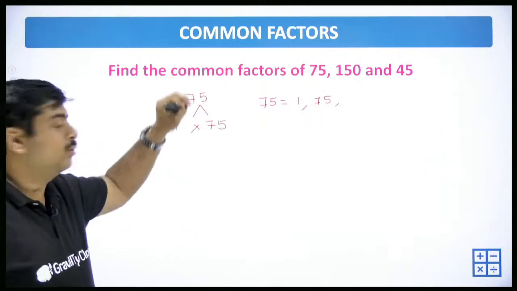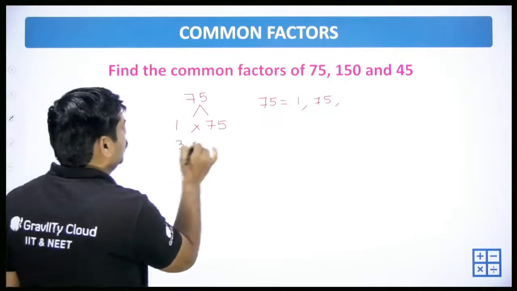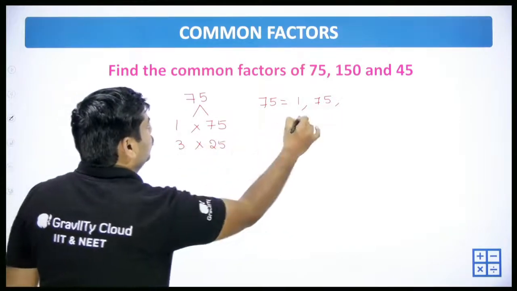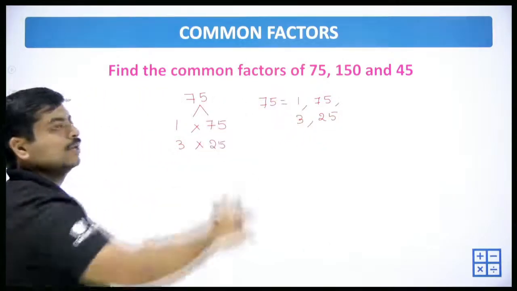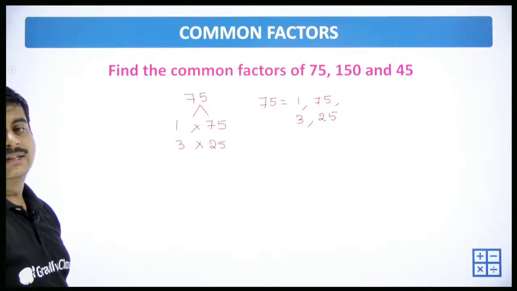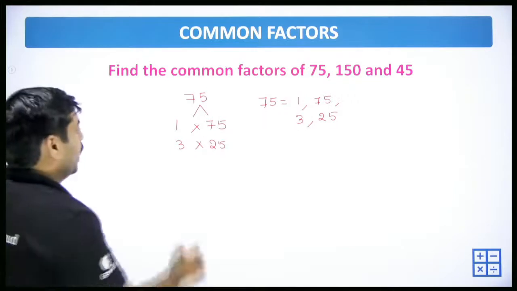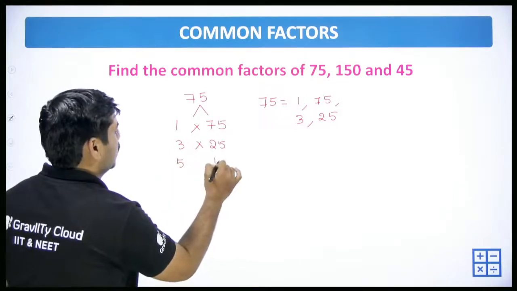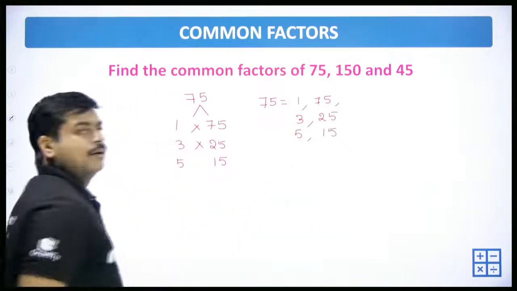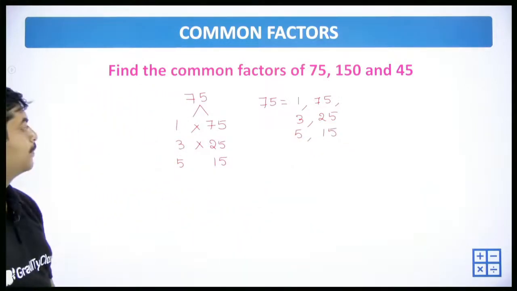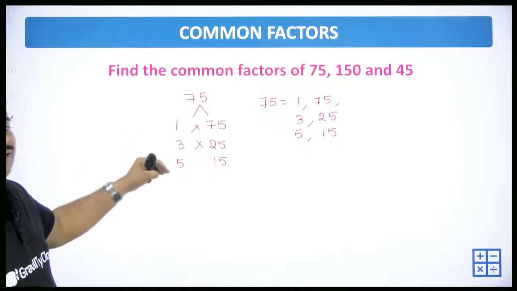No. 3 into? Yes, I can. 3 into 25. So 3 and 25 are also factors. With 5 can we cancel? Yes, 5 15s. So 5 and 15. 1, 3, 5.